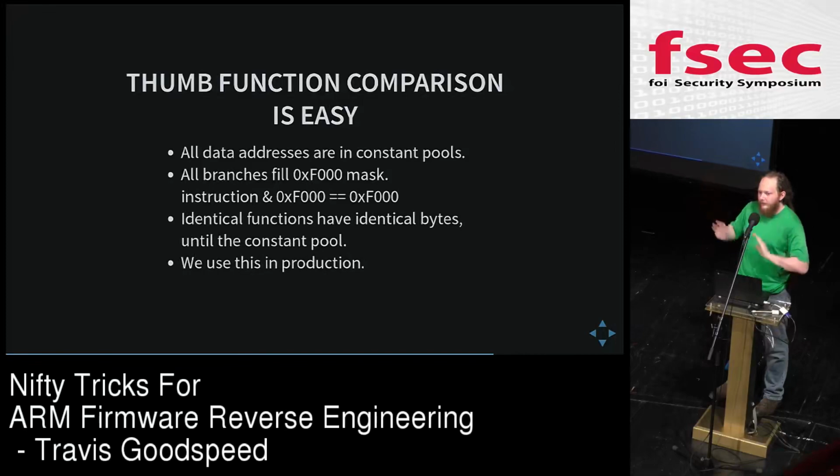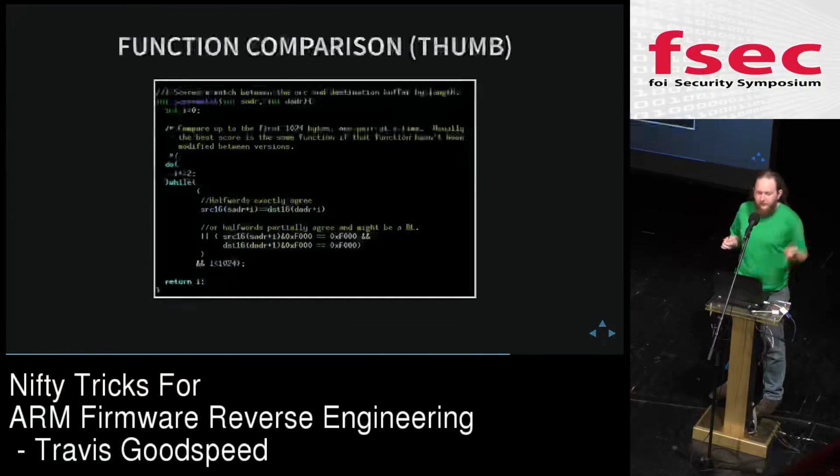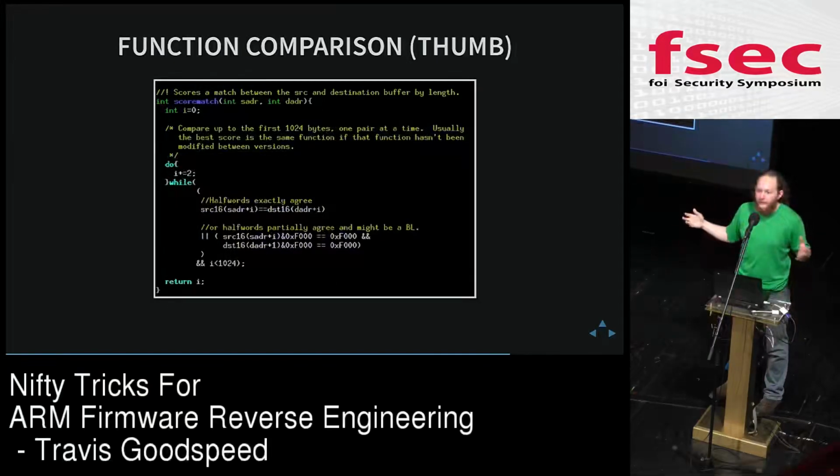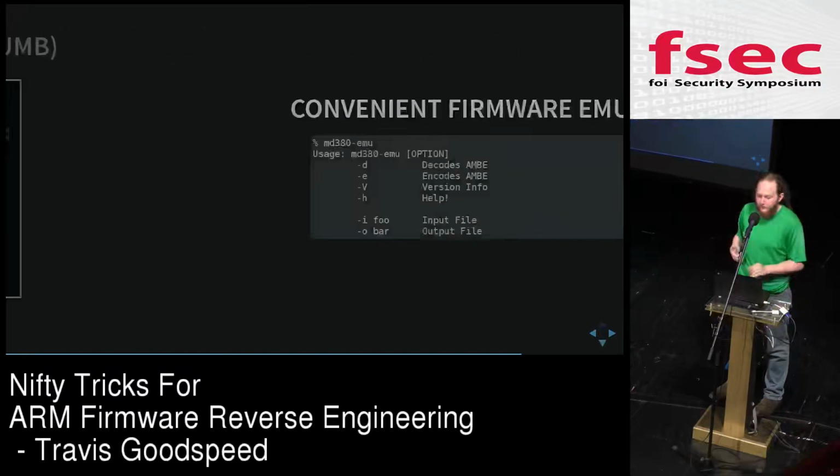You just throw it away and you pretend that they were equal. And this allows you to compare 2 functions for equality without a proper disassembler. We use it in production, and it's just this teeny little do-while loop here with nothing more complicated. This function takes a source address and a destination address, and it tells you how similar they are based upon a score.